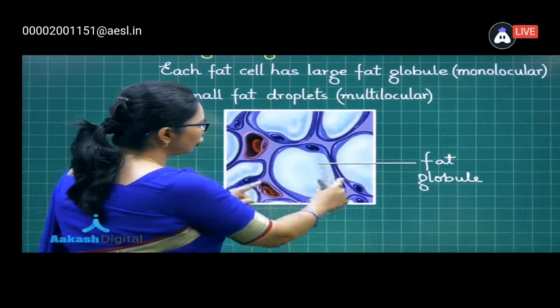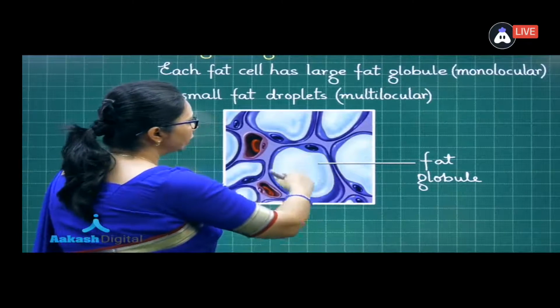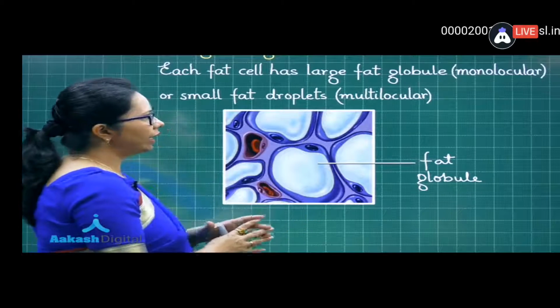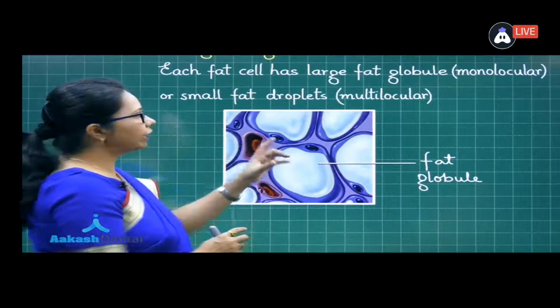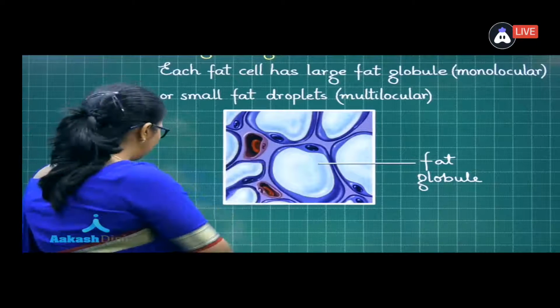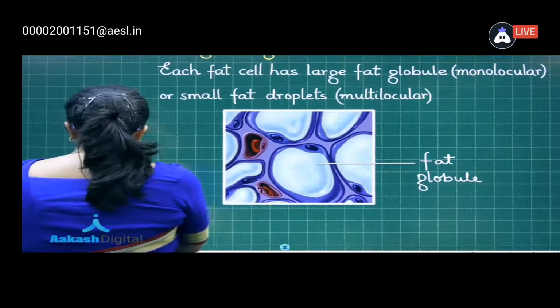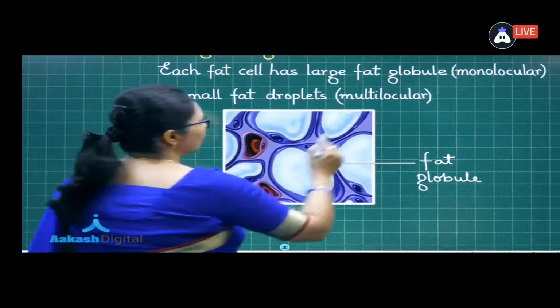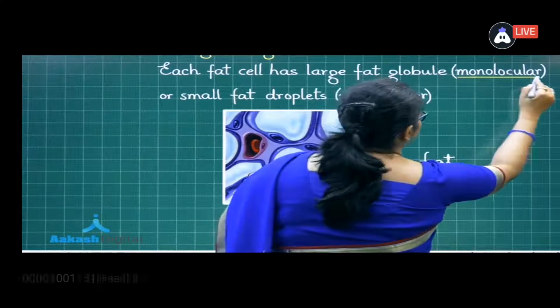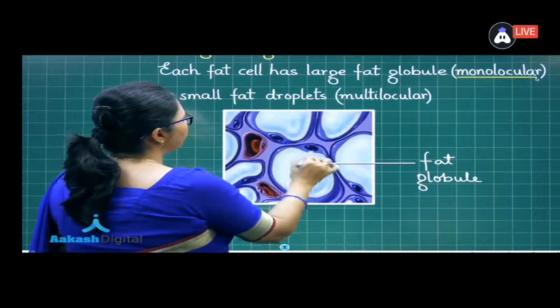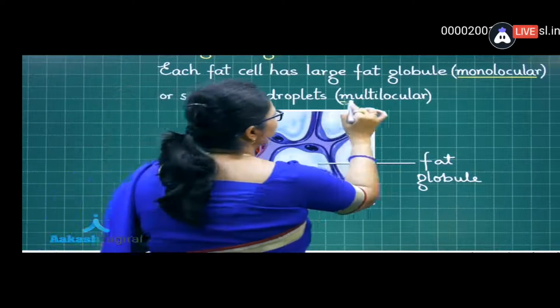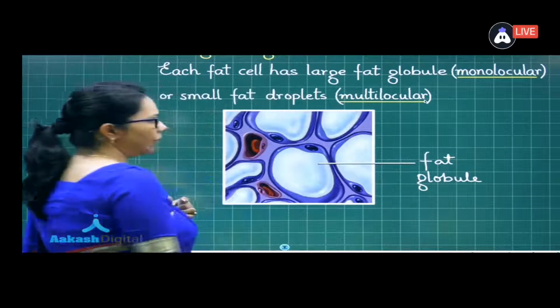Now if the entire fat is one single globule, such an adipocyte is called monolocular, and if there are many fat droplets, then it is termed multilocular.